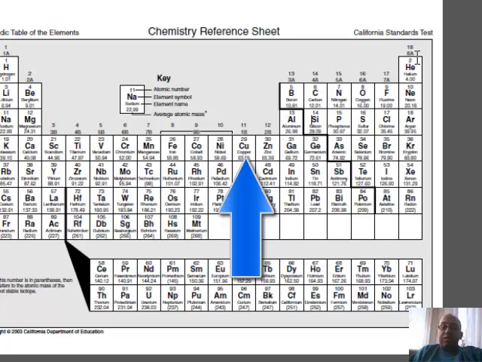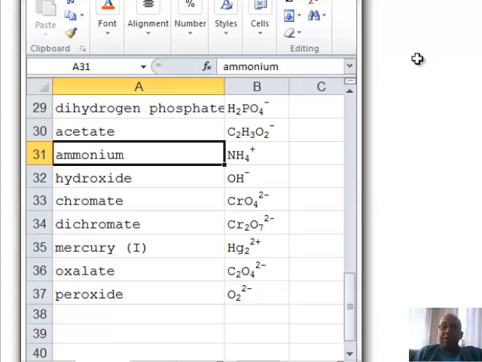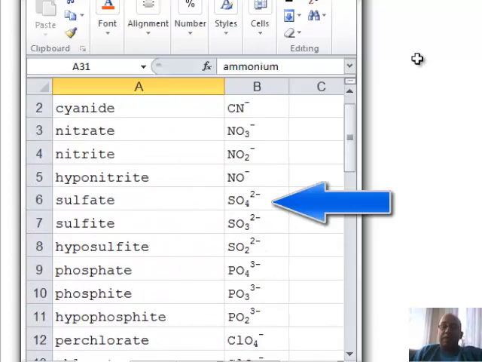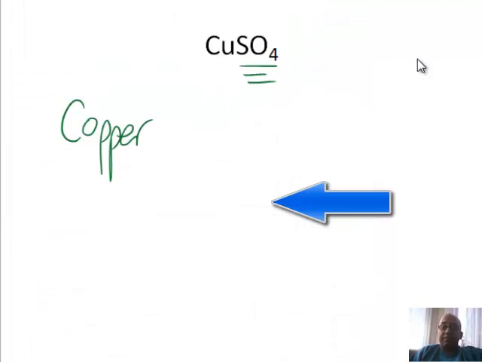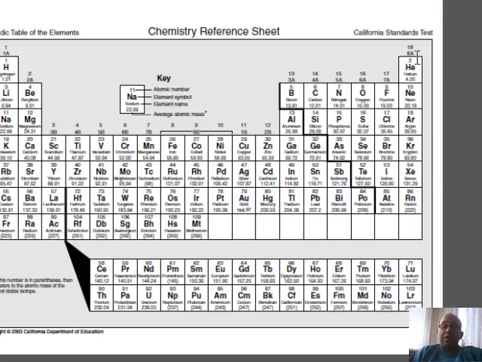Okay, and the last example here for this video is CuSO4, and you see Cu is copper, so I'm going to write copper, and SO4, we need to look it up on our polyatomic ion list, so we look up SO4 2-, you see it's sulfate, and now you need to figure out what to put here in parentheses, and you have to figure out why you put it in parentheses.